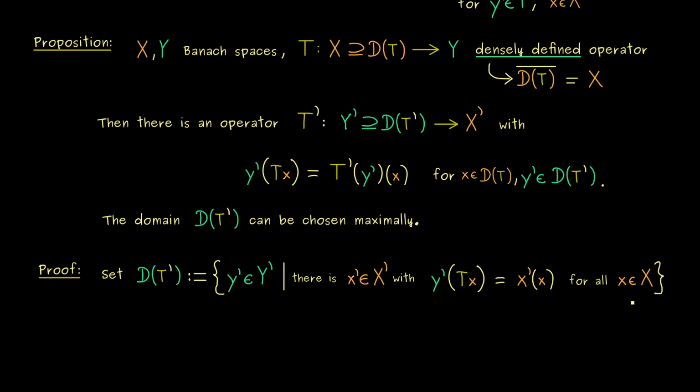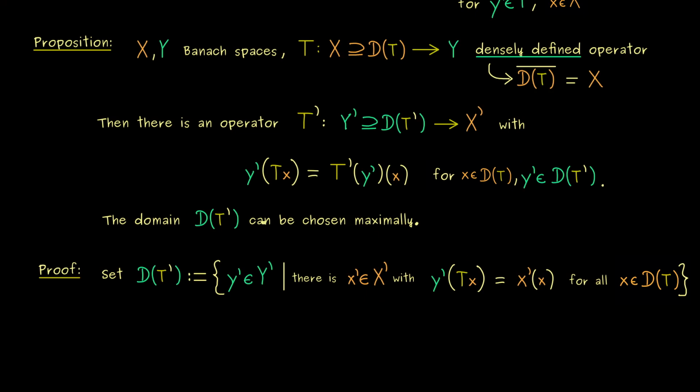But we immediately see this is not possible because T is not defined on the whole space X in general. Therefore, the natural restriction we have to do here is to say that we have this equation at least on the domain of T. It's just not possible to check this equation for points x that don't come from the domain of T. So this is the condition for y prime. We want to find an x prime such that y prime with T combined is equal to this x prime.